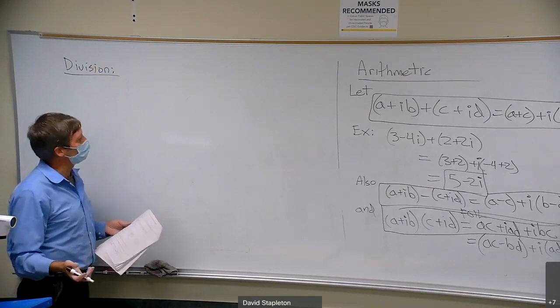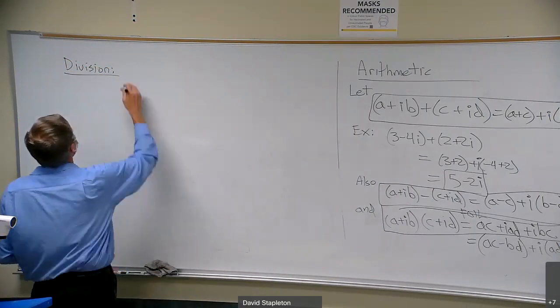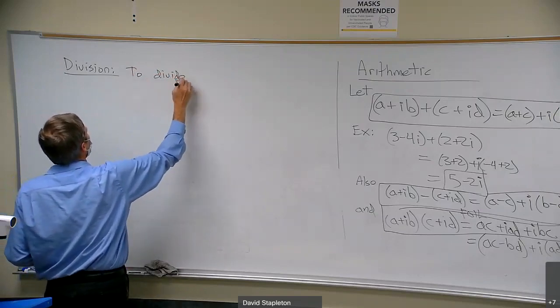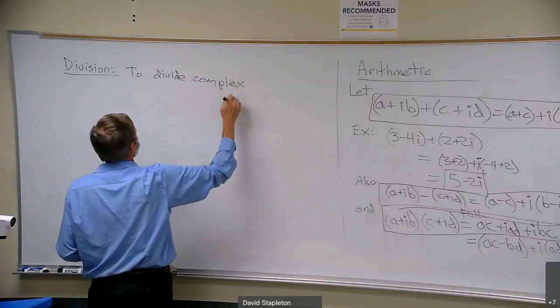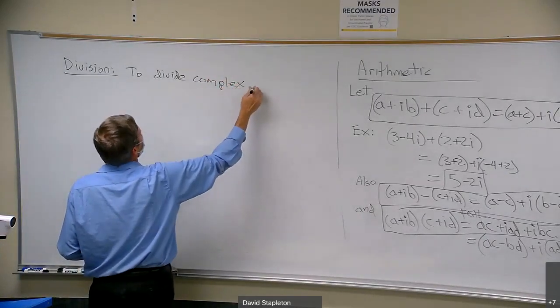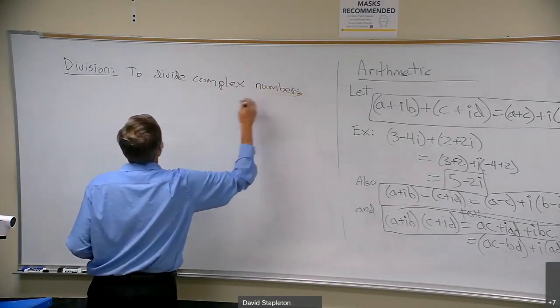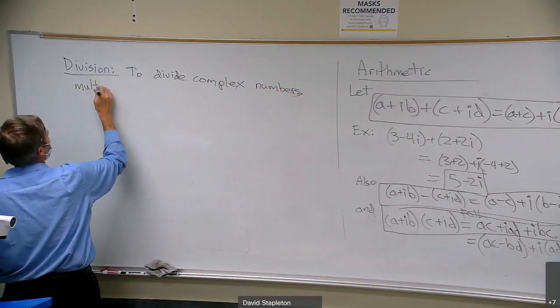Well, it turns out we can induce division from what we've already done. To divide complex numbers, simply multiply the top and bottom by the conjugate of the bottom, and then do division the usual way that you do with real numbers.